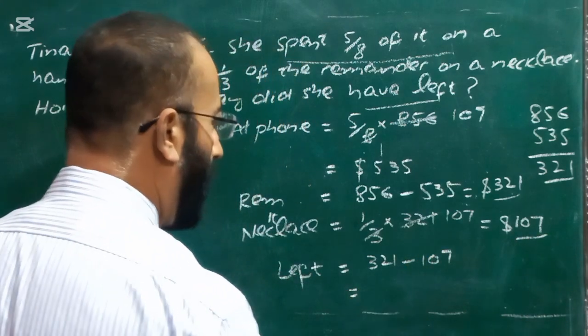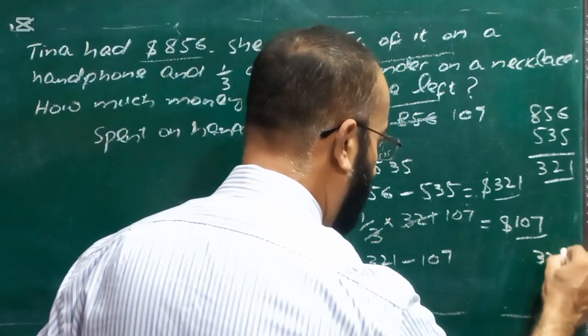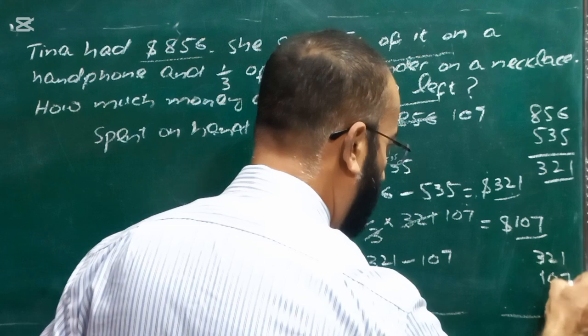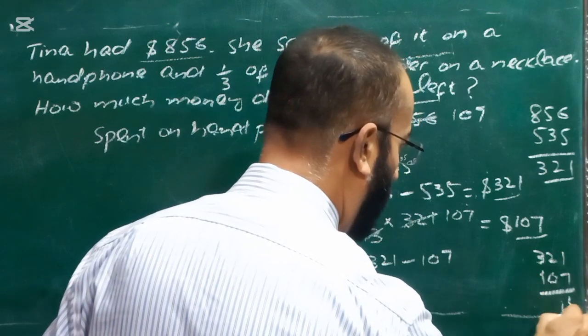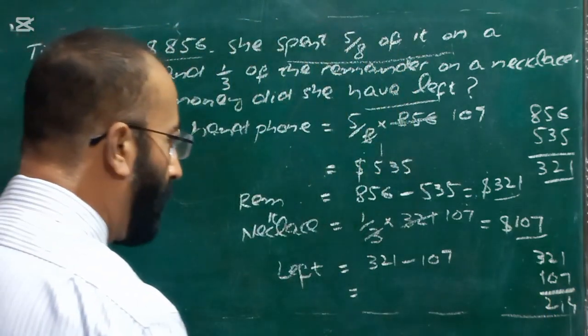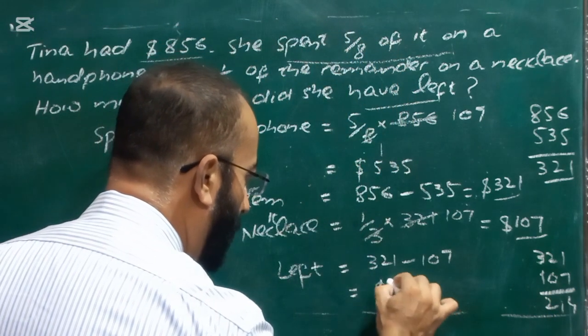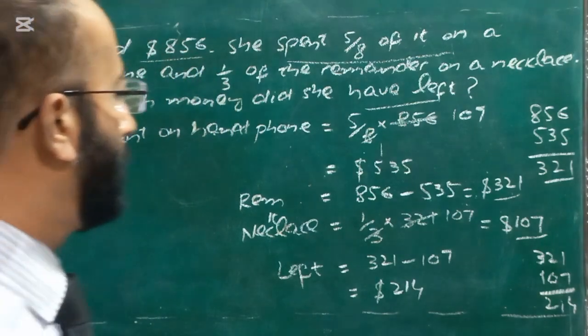So solve it again. So look now, 321 and 107. So 4, 1 and 2. So $214 will be left. This is the final answer.